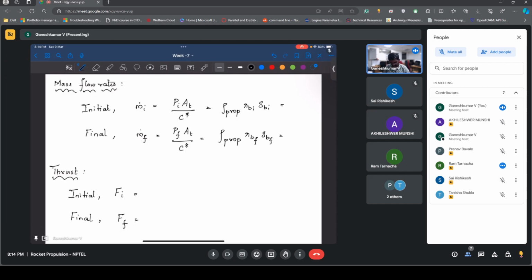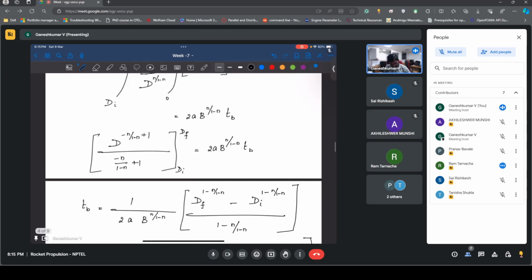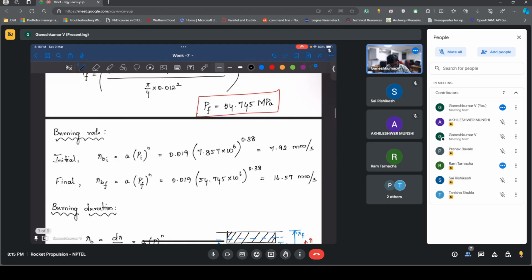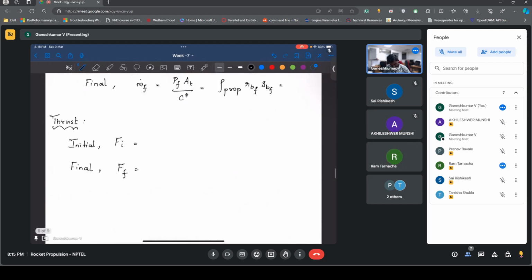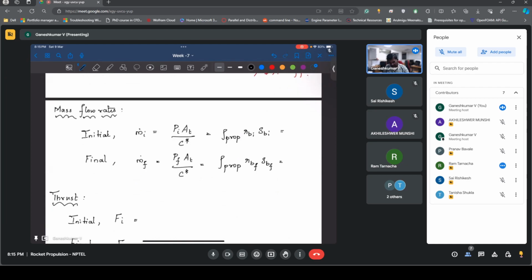C star we know is 1400, and the area of the throat is pi by 4 into 0.012 squared, divided by 1400. 8.078 into PI, the initial PI is 7.857.